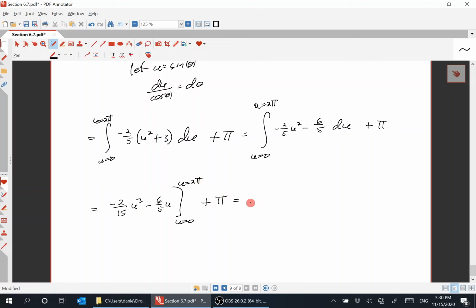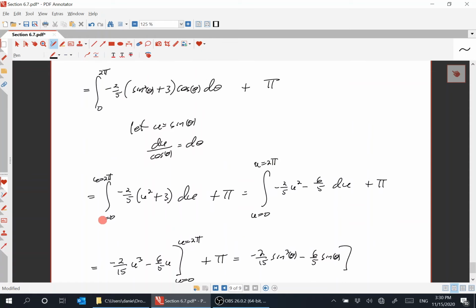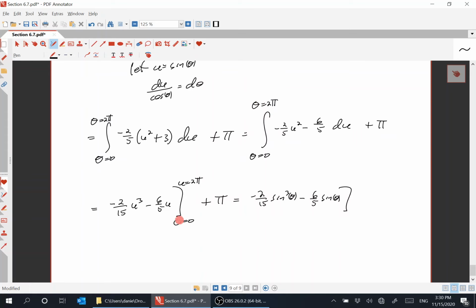U was sine theta. So not u equals, but theta equals. So this is from theta goes from 0 to 2 pi, plus pi, but these are all just 0 because sine at 2 pi and at 0 are both 0.